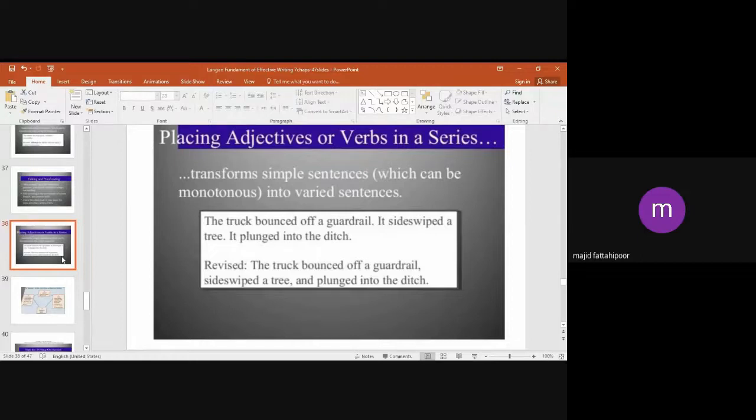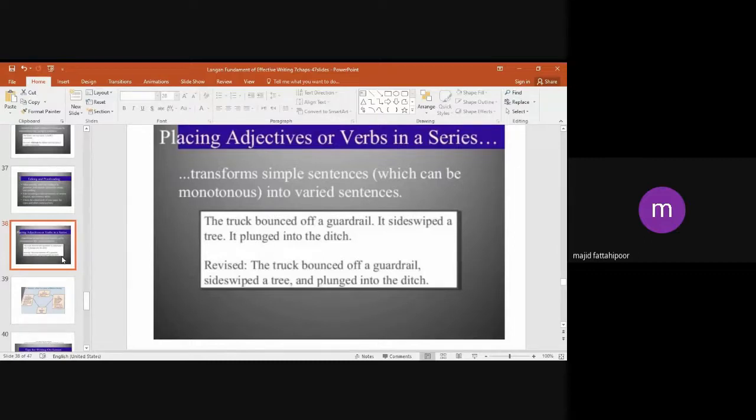And another one is placing adjectives or verbs in a series. You can see the truck bounced off in this example. The guardrail, it sidewiped a tree, and plunged into the ditch. You can imagine this scenario, like an accident scenario. The truck bounced off the guardrail, it sidewiped the tree, unfortunately, and then it plunged in the ditch.